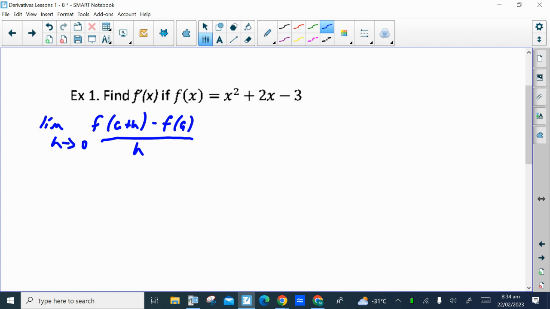And then we said, well, instead of using the variable a, which is what the formula has, we could replace the a with the x so that we have the same variable. So instead of f at a plus h, it would be f at x plus h, meaning the x here would be replaced with x plus h. But I can't forget to write the limit there.